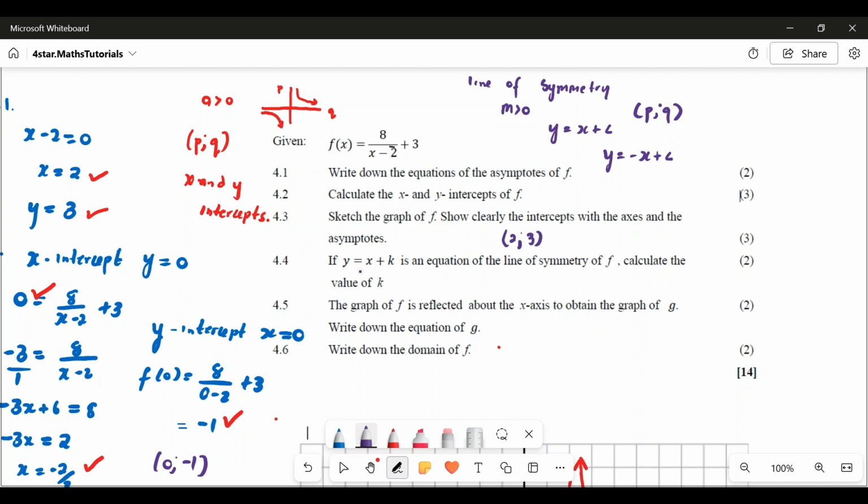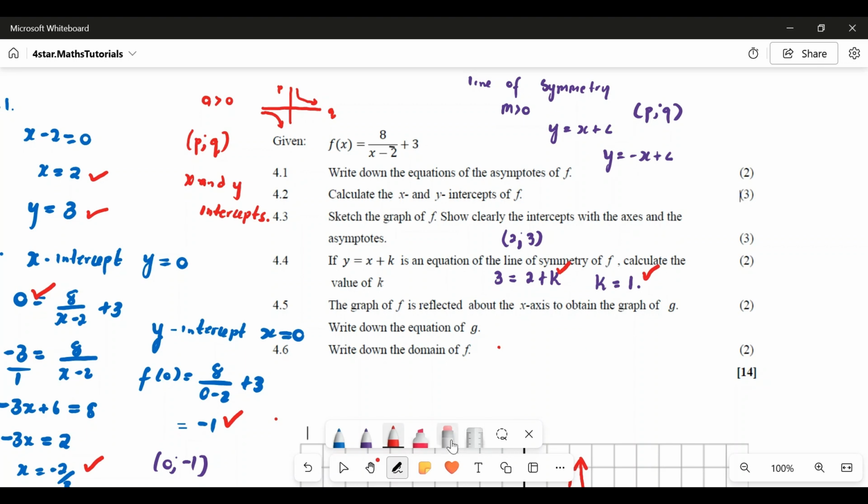From this equation, where I see x, I replace it with 2, where I see y, I replace it with 3. So 3 is equals to 2 plus k. Then I make k the subject of the formula. k is equals to 1. Then you get your 3 marks.